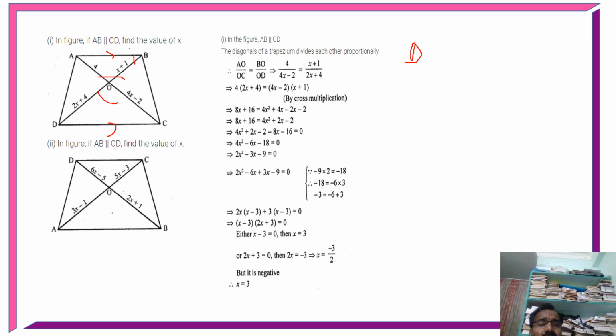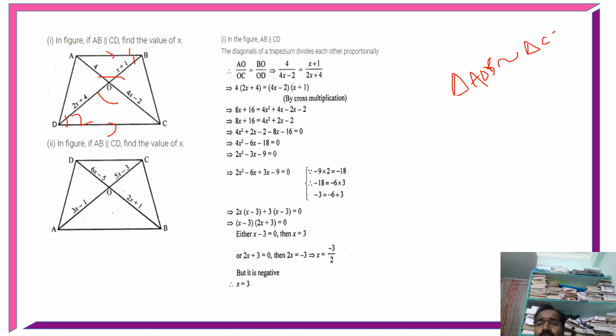Let me take this as angle 1, this as angle 2, alternate interior angles are equal. By the AA similarity rule, we can prove that triangle AOB is similar to triangle COD.